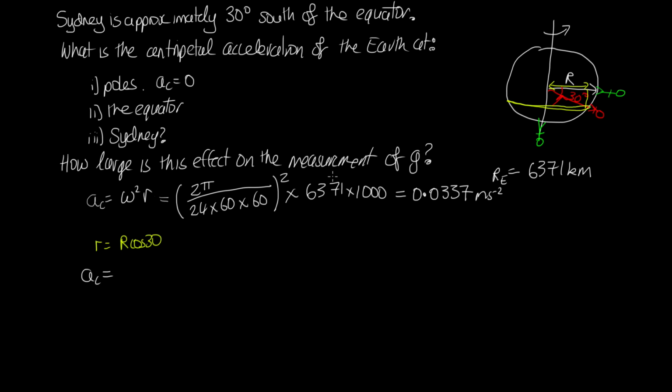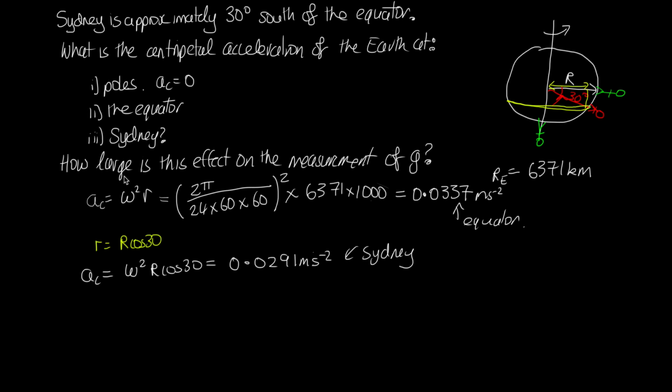But instead of having r just as the radius of the Earth, we're going to need to multiply it by cos 30. So this will be omega squared times r cos 30. What we can do is multiply the number we got here by cos 30, and when we do that, we end up with 0.0291 meters per second squared. That's the centripetal acceleration at Sydney.